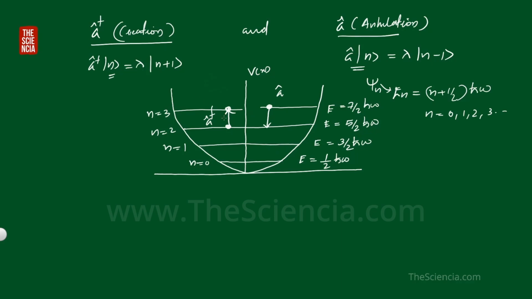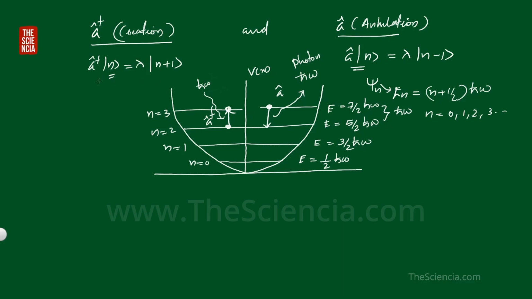That is how it can jump to a higher state by absorbing a photon of energy h cross omega, and jump to a lower state by emitting energy h cross omega in the form of a photon, right? You can see the difference between different energy levels is h cross omega. So this is the idea of the creation and annihilation operator.